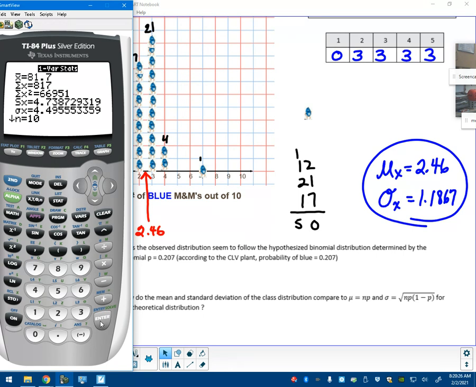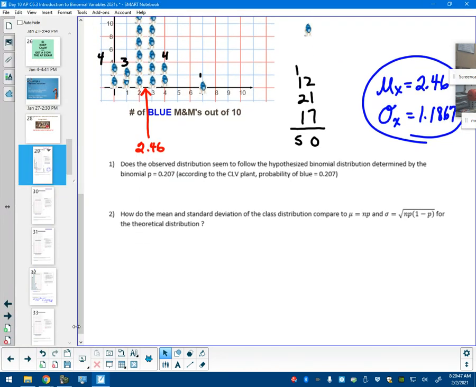M&Ms total. And well, we took 10 randomly out at a time. And we don't know how many total blue ones there are in our population, but we can figure that out in a second. We know we have a total of 817 M&Ms.